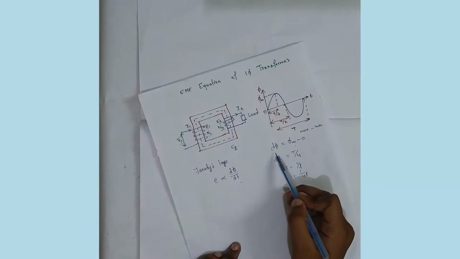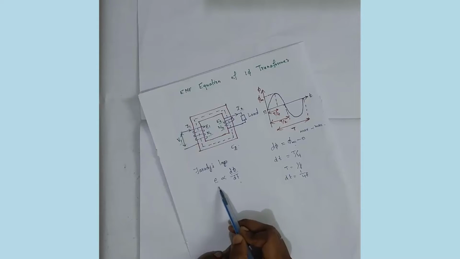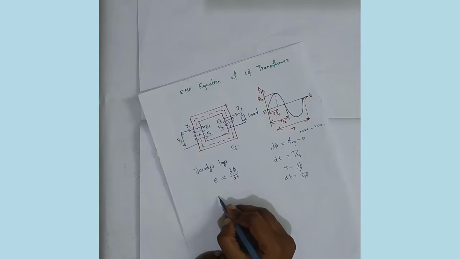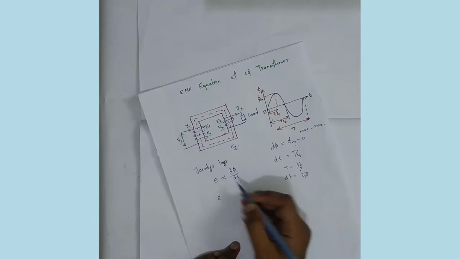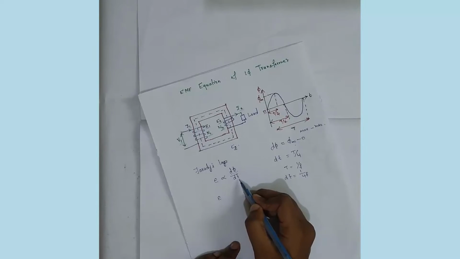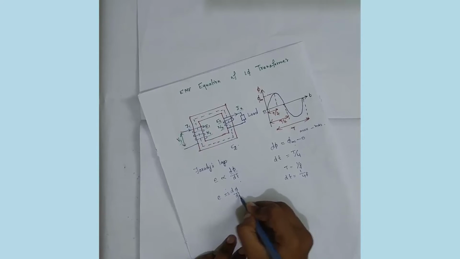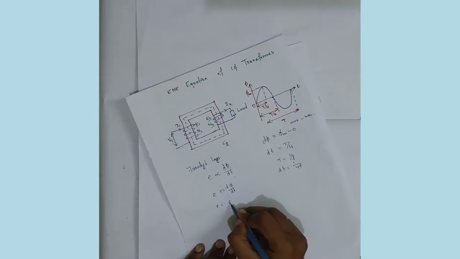Now we can substitute the values of d phi and dt in Faraday's law. We have already seen that E is directly proportional to d phi by dt. To remove the proportionality, we need a constant. I am taking the constant as 1. Therefore E is equal to d phi by dt.